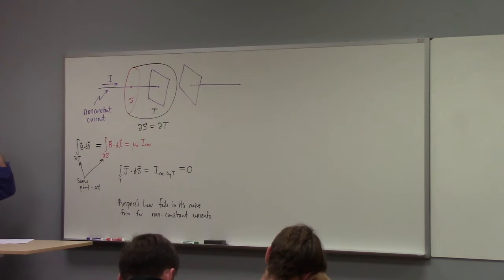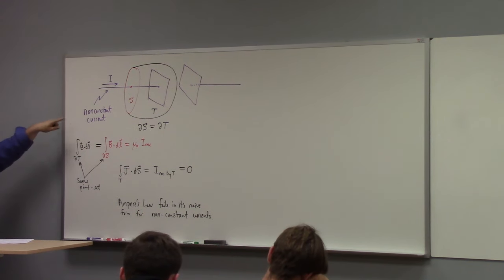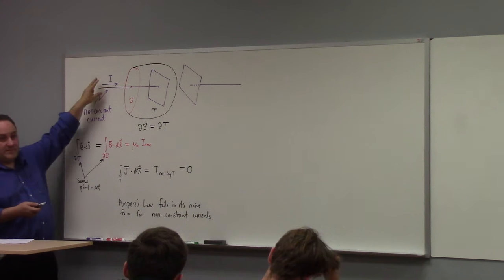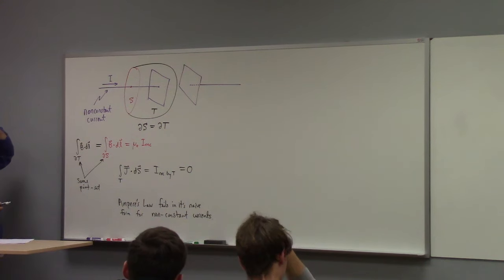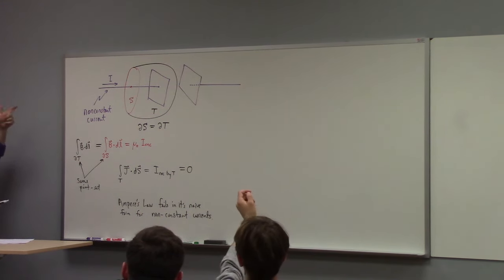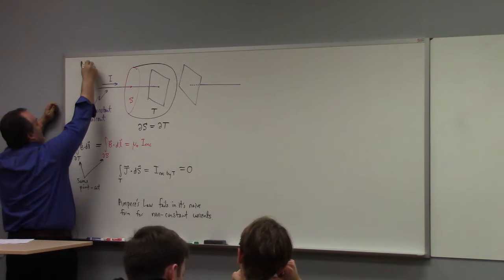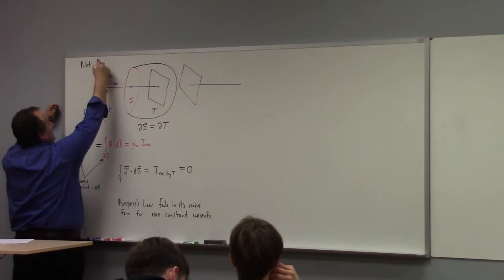The case of constant magnetic fields. But if the current is not constant, the magnetic field is going to also be variable, right? Because the magnetic field is proportional to the current, according to the rules we've looked at, the Biot-Savart law and all that. And so the magnetic field is going to be changing as well, right? So this is not a constant magnetic field. This is not the magnetostatic case, all right?